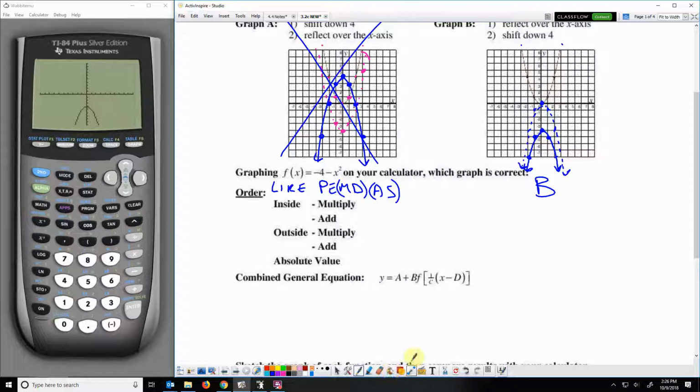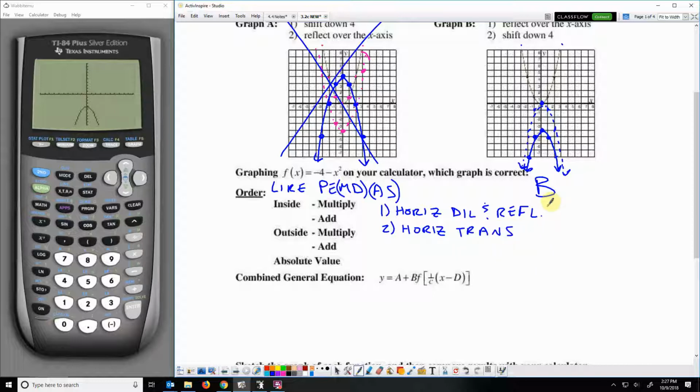Okay? So the typical order for most transformations is going to be a horizontal dilation, and reflections, you have that same priority because it's multiplying by a negative. Second, you're looking for a horizontal translation.